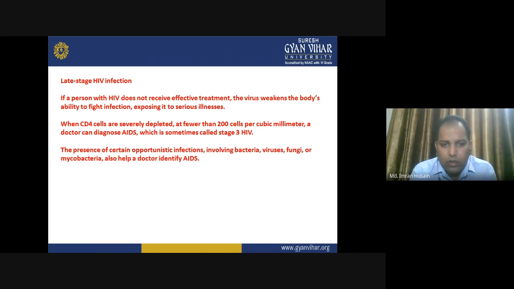When CD4 cells are severely depleted at fewer than 200 cells per cubic millimeter, a doctor can diagnose AIDS, which is something called stage 3 HIV. That is a very severe case of HIV. The presence of certain opportunistic infections involving bacteria, virus, fungi, mycobacterium also helps doctors to identify AIDS.